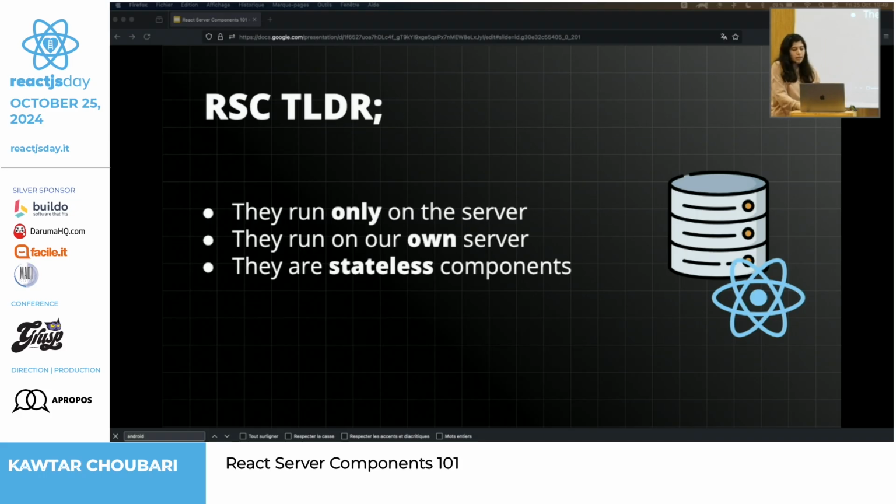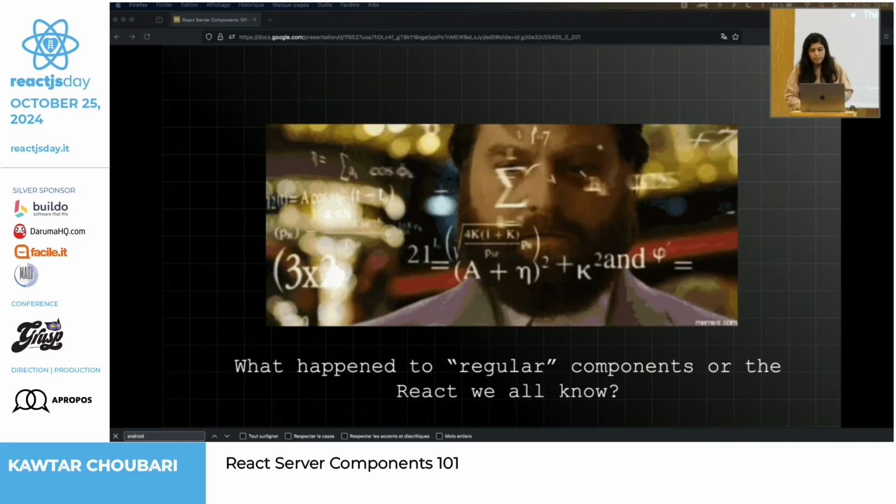And lastly, since these components are running on the server and we only send the output, they have no idea what's happening on the client, they don't manage any interactive state, and they don't have any idea about what you are typing and doing on the browser side.